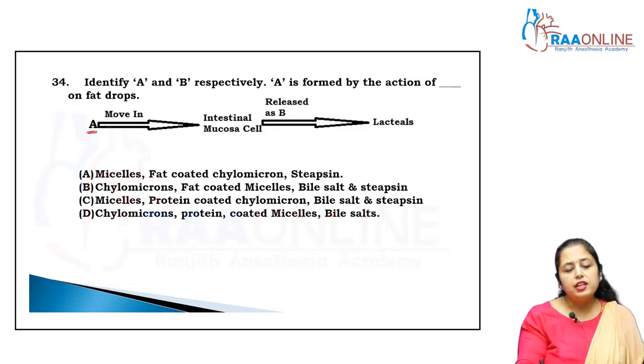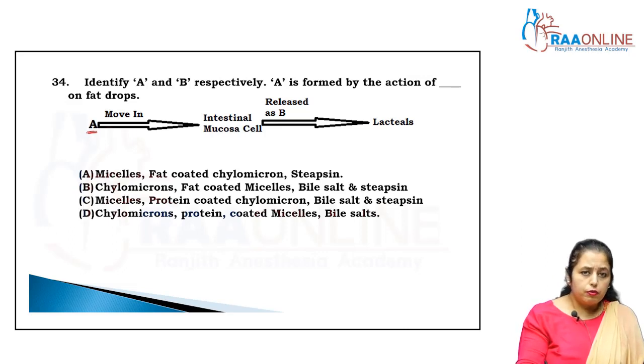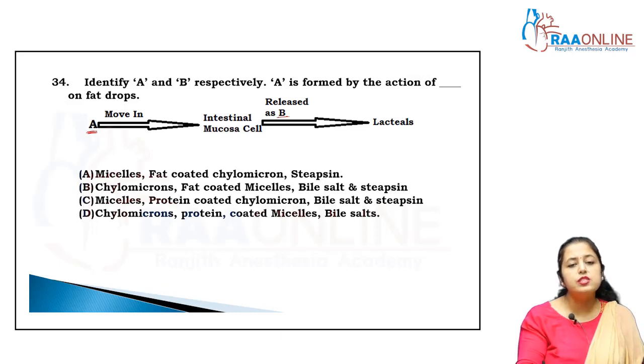They move into the intestinal mucosal cells, right? And there the protein coated chylomicron is released, with some bile salts and the fat digesting enzyme, that is steapsin, right? And then they get absorbed into the lacteals.